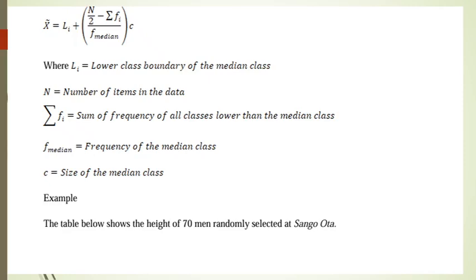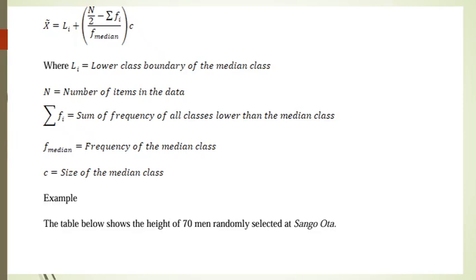So from the formula given, Li is the lower class boundary of the median class. N is the number of items in the data. Summation of Fi is the sum of frequency of all classes lower than the median class. Then F median is the frequency of the median class, and C is the size of the median class or the class width. It's in our study materials. So we have an example.